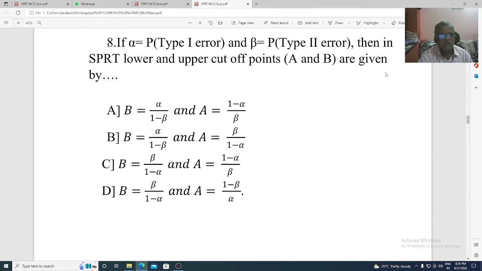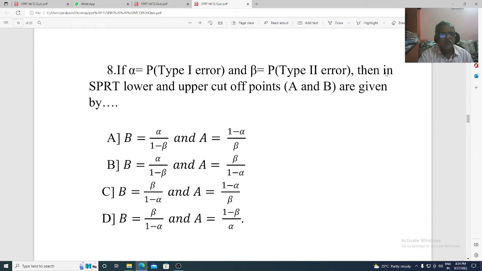Question 8. If alpha equal to probability of type 1 error and beta is probability of type 2 error, then in SPRT lower and upper cutoff points B and A are given by option A B equal to alpha divided by 1 minus beta and A equal to 1 minus alpha divided by beta.